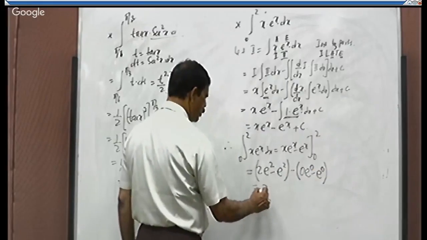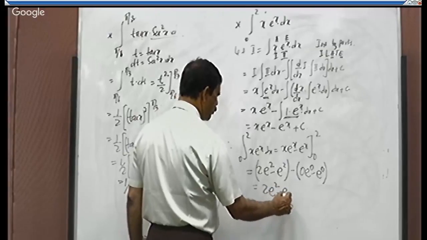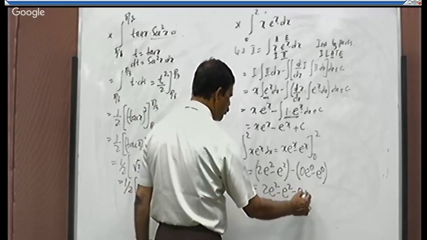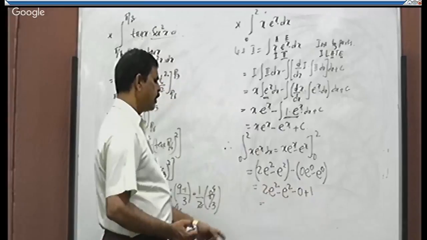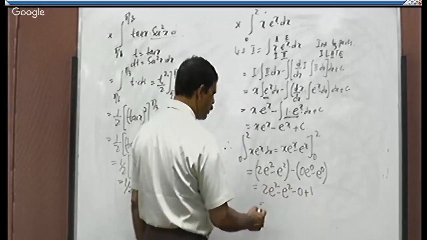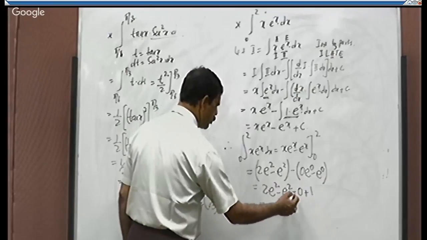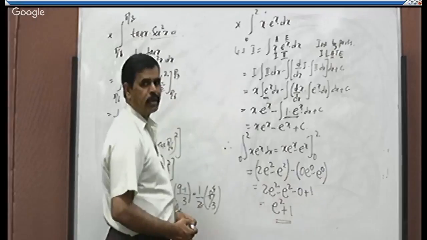It is 2 e to the power of 2 minus e to the power of 2 minus 0, minus into minus plus 1, or 2 e power 2 minus e power 2. It is what? 1 e power 2 minus 0, leave it, plus 1. This is the answer. Okay.